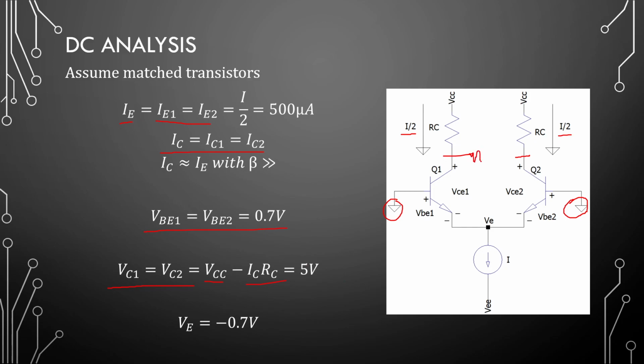If we place a resistor here as our load, the DC voltages will cancel and only the AC will remain as long as these two voltages are equivalent. Okay, at this point right here, our VE is minus 0.7 volts, and that is roughly the DC for one of these amplifiers.